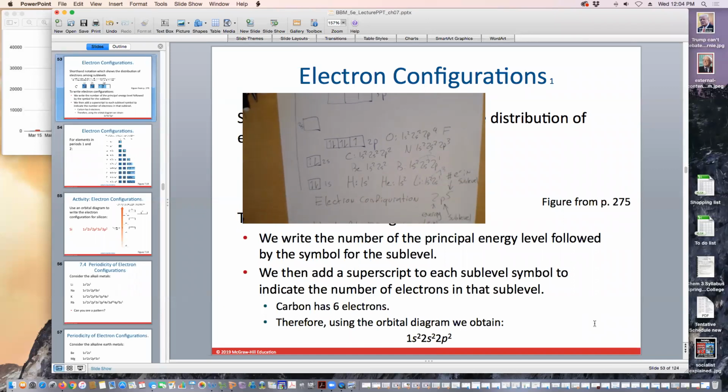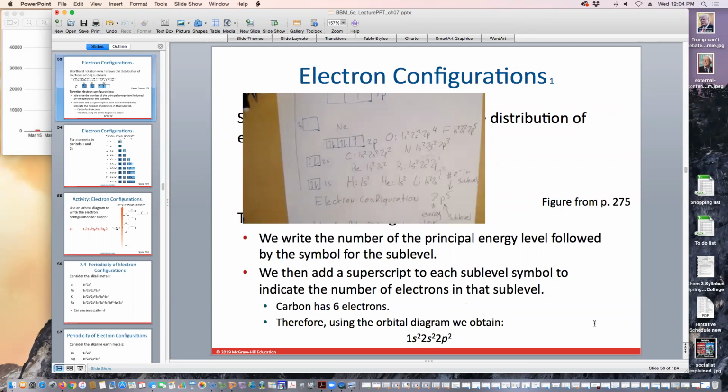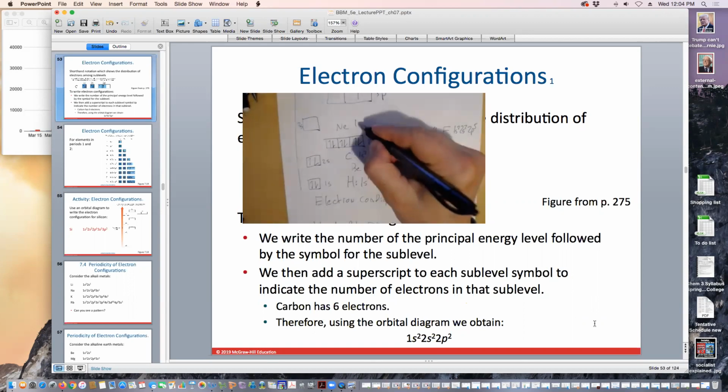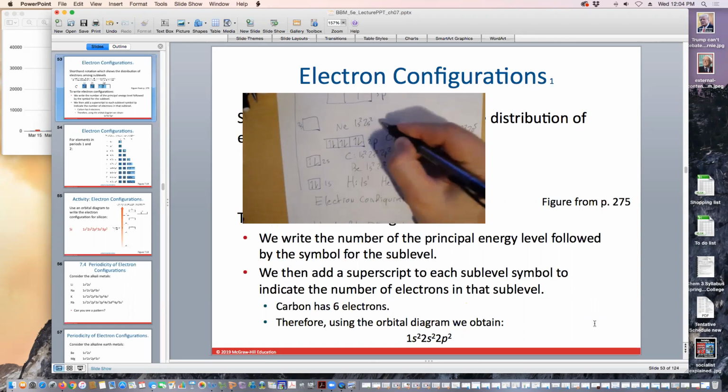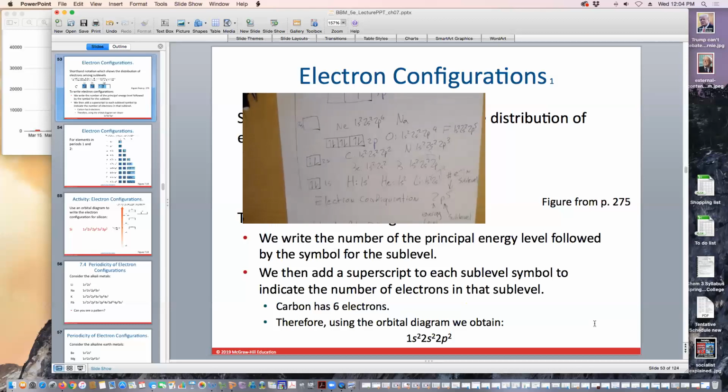And so fluorine would then be 1s2, 2s2, 2p5. Then we get to neon, 10 electrons. The 10th one goes spin down. And notice we finished the second energy level, right? Another noble gas. 1s2, 2s2, 2p6. Okay. Now I want to go to sodium. Where's the next electron going to go?